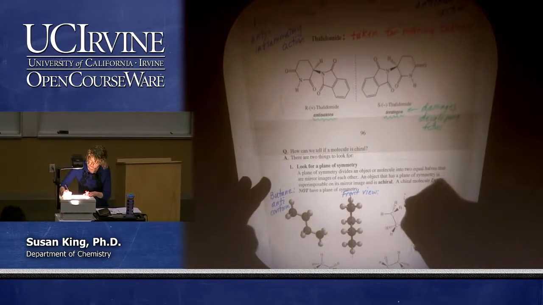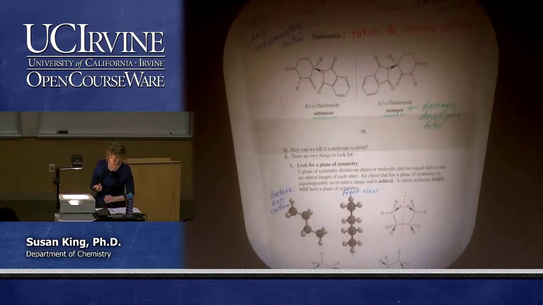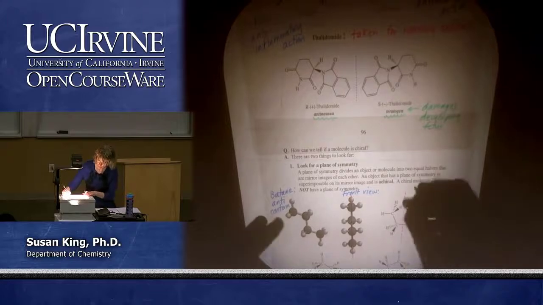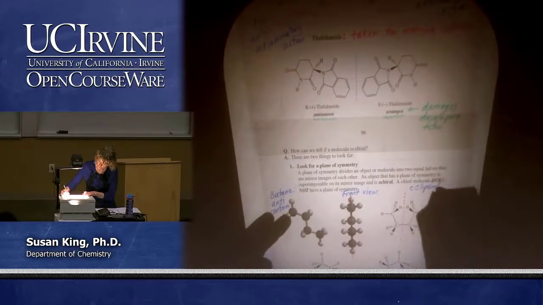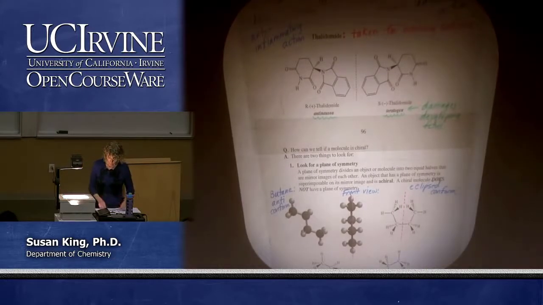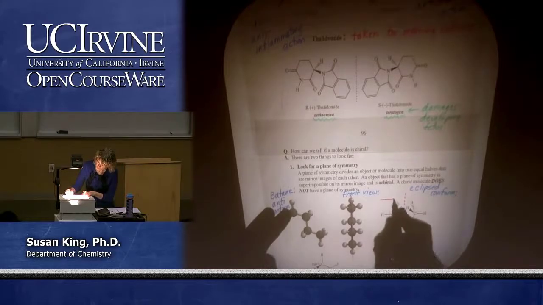So this is in the eclipsed conformation. The anti-conformation has one plane of symmetry. The eclipsed conformation actually has two. So here's a dotted line, and this has a plane of symmetry that goes like this.